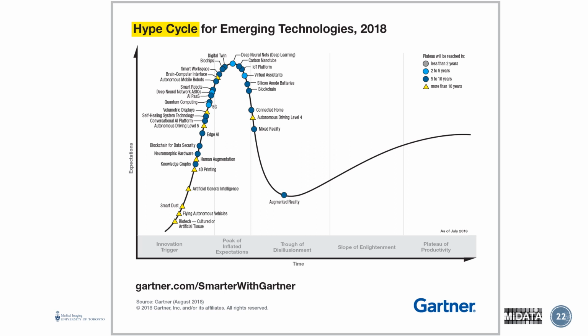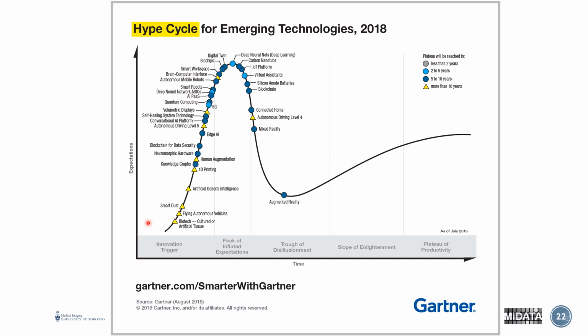Okay, so here is just a slide to give us a little perspective. This is the hype cycle for emerging technologies. It's already outdated, I'm sorry. It's 2 years old, 2018, from Gartner. What it's showing you is that the x-axis is time and the y-axis is expectations.